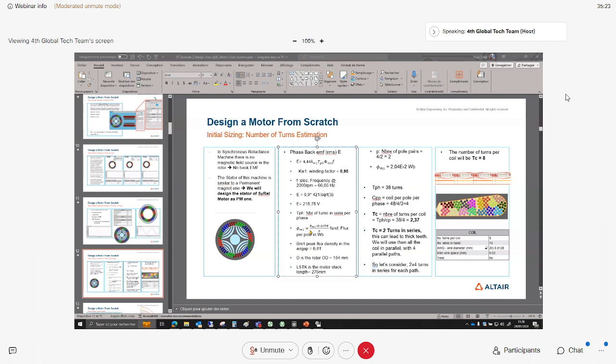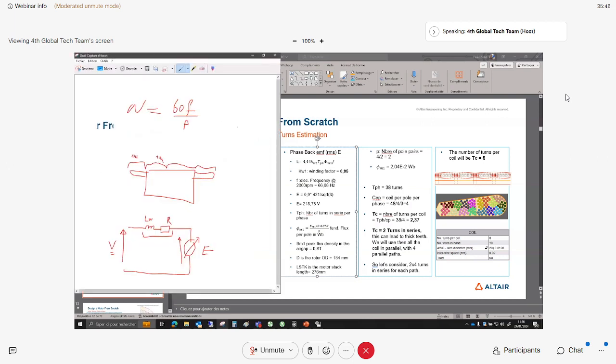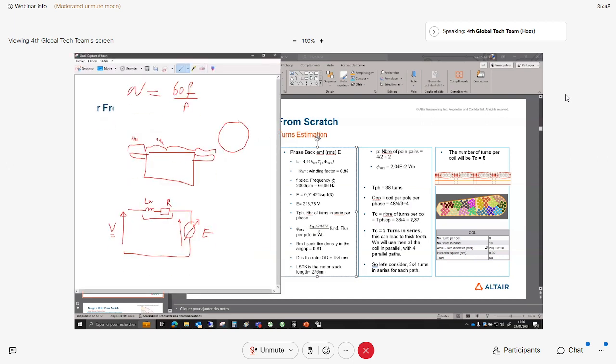It is computed through the flux density in the air gap, and this is the geometry. So D is the outer diameter of the rotor. LSTK is the length of the machine. P is the number of poles of the machine. So what does it mean? It means I have this machine.